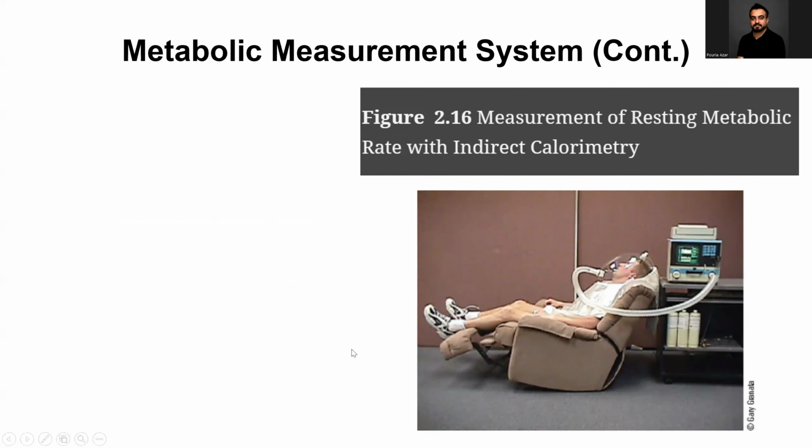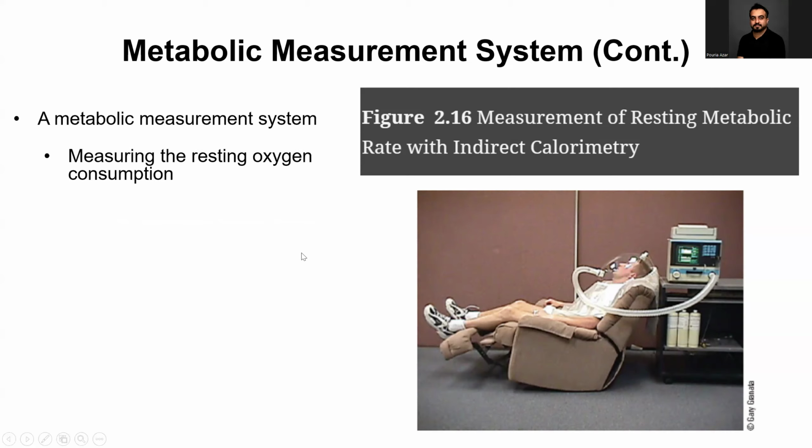This is another example of measurement of resting metabolic rate with indirect calorimetry. Again, this is a hose coming to this device here, and this device measures the gas exchange. This is a metabolic measurement system. It measures the resting oxygen consumption because this guy over here is at rest. It determines resting metabolic rate or RMR.